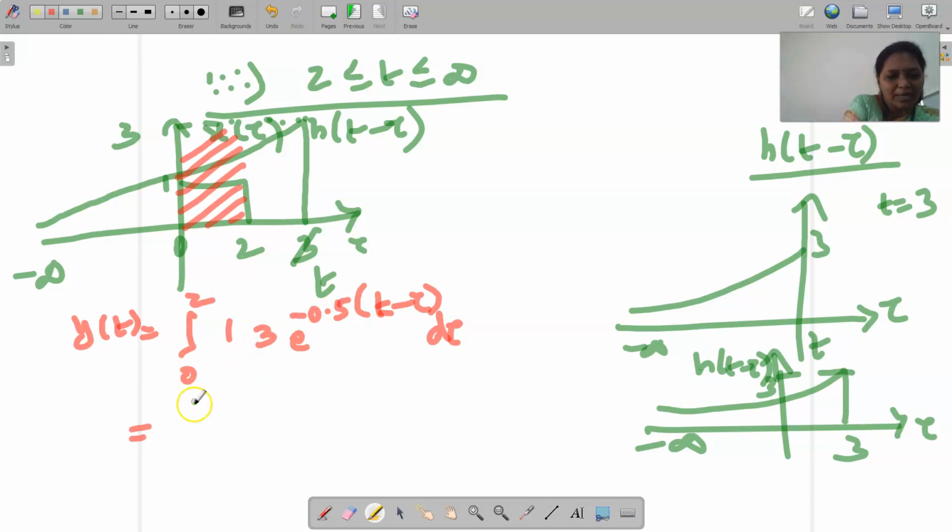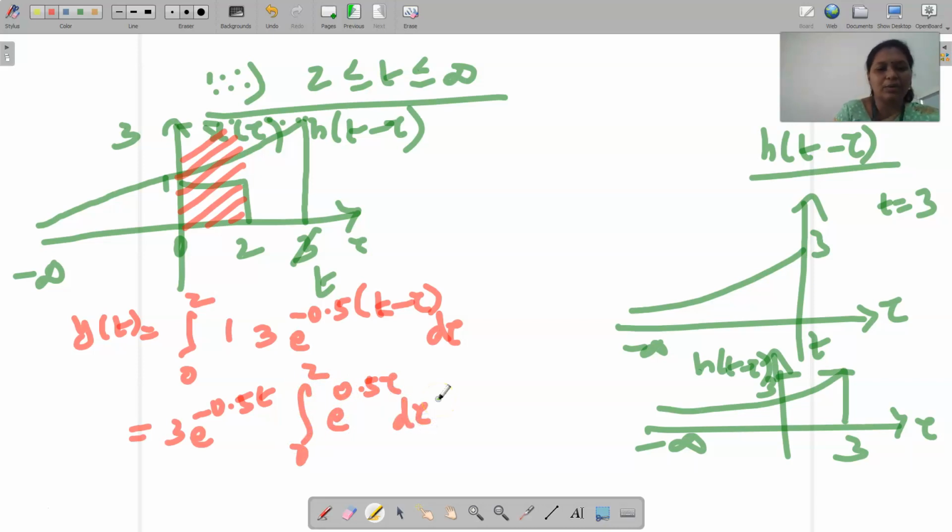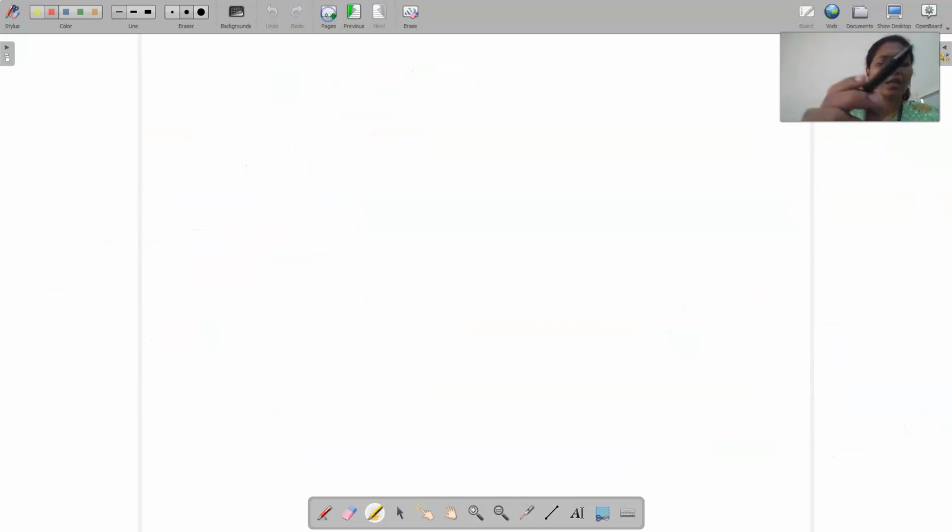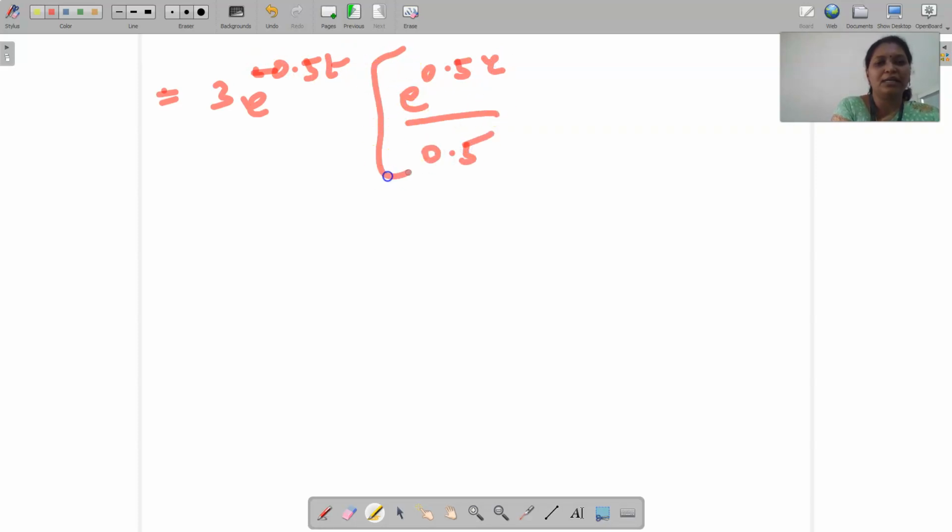Okay. Now again 3 into e power minus 0.5 t is a constant, and you have the integration from 0 to 2 only for e power 0.5 tau d tau. And now integrate it, you will get 3 into e power minus 0.5 t times the integration of e power 0.5 tau divided by 0.5, and the limit varies from 0 to 2.